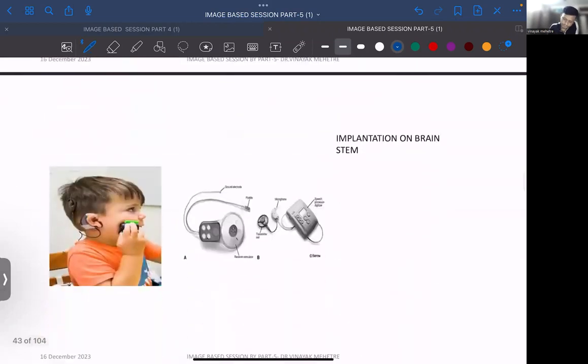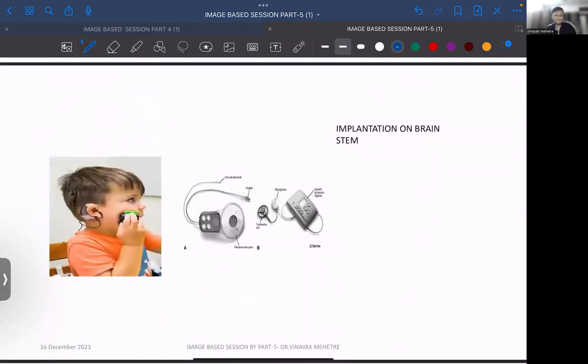Okay. Then comes ABI. Now the problem is in the nerve. There was a problem inside the nerve, the head nerve has a problem. Now we will put an implant which is going to act directly on the brain.